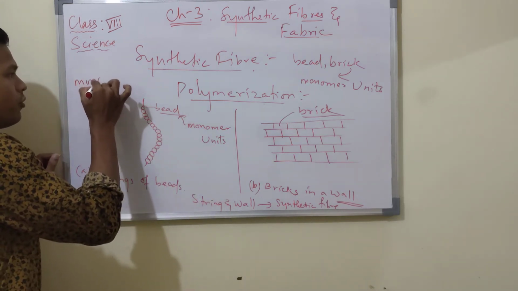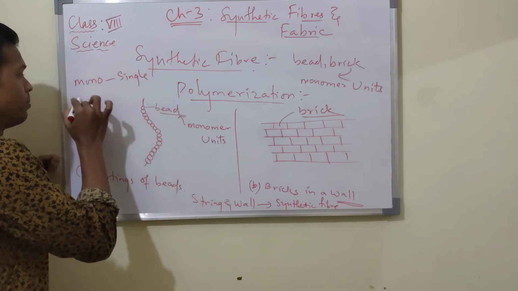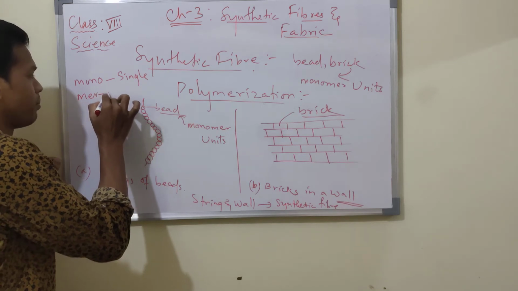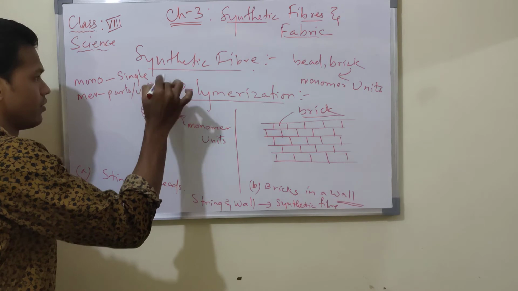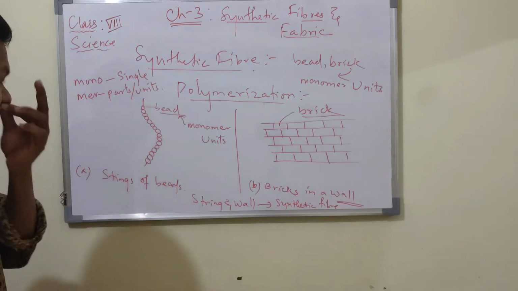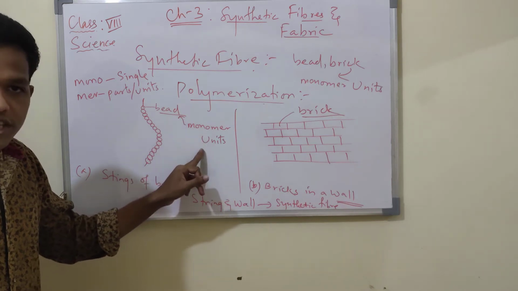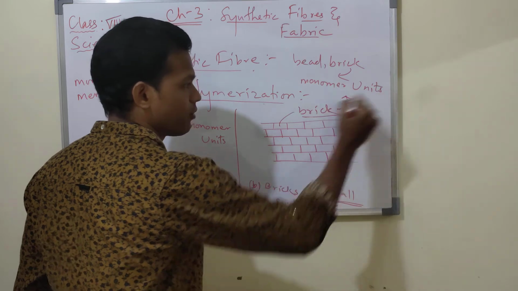Mono means single. Mer, in a Greek word, means parts or units. Here we can say this bead is known as a monomer unit. Here also, this brick is called a monomer unit.